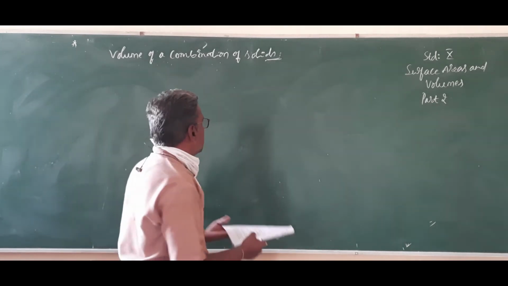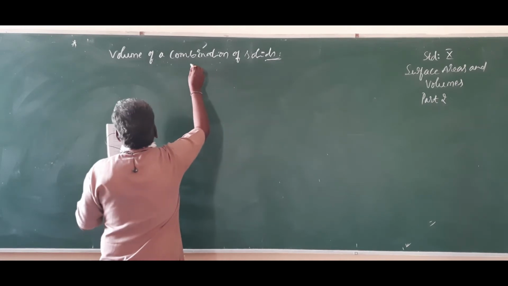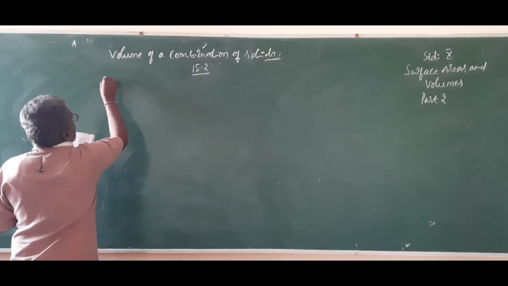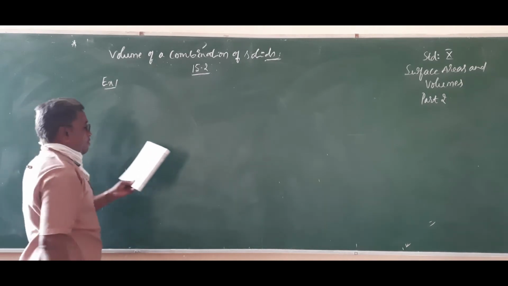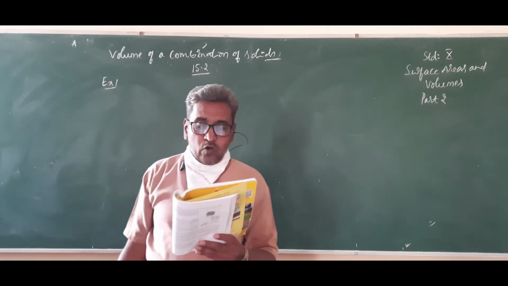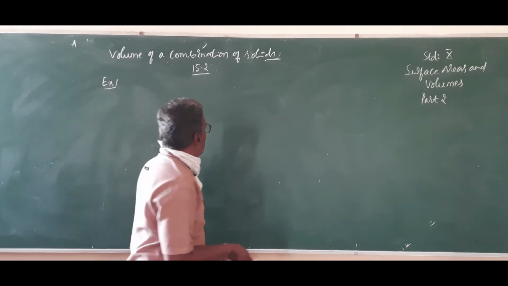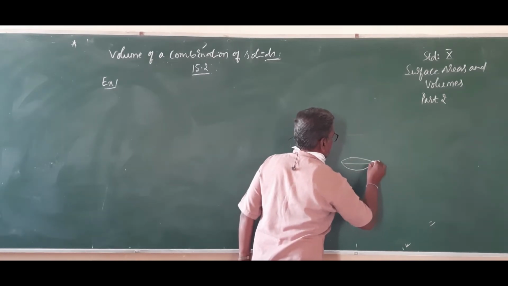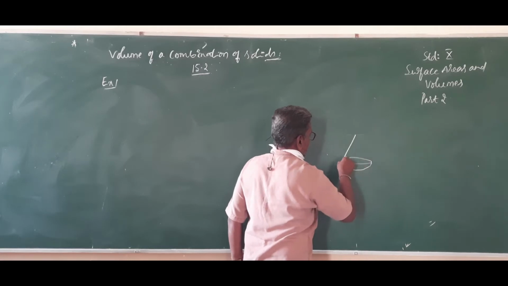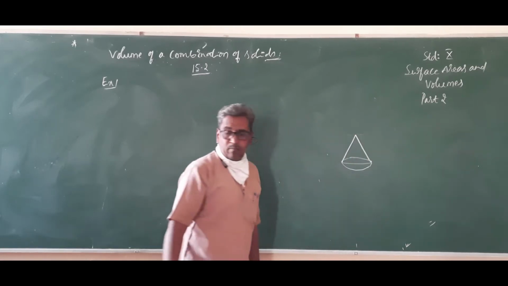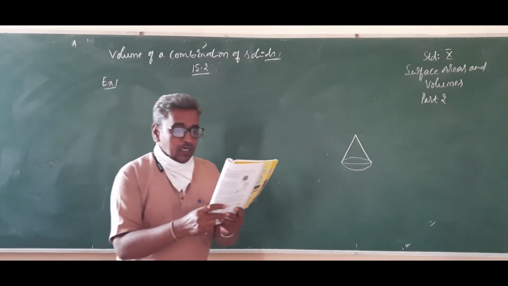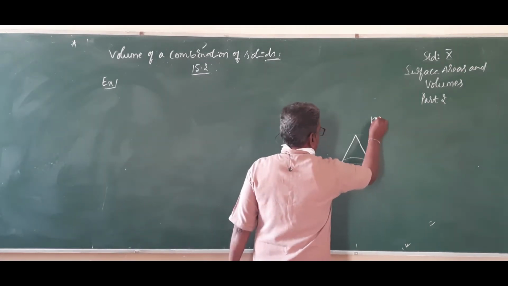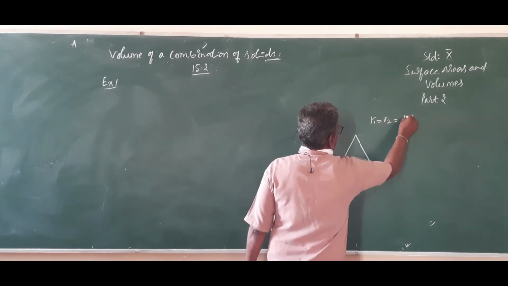Yes, one example from Exercise 15.2. A solid is in the shape of a cone standing on a hemisphere, with both their radii being equal to 1 centimeter, that is, r1 equals r2 equals 1 centimeter.